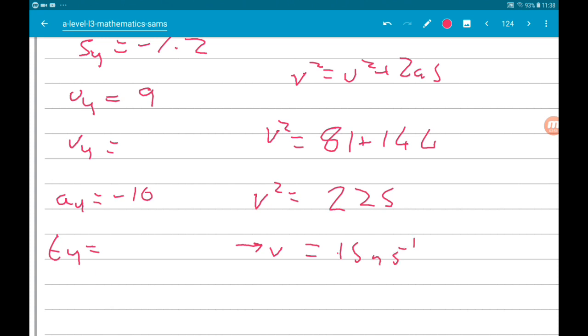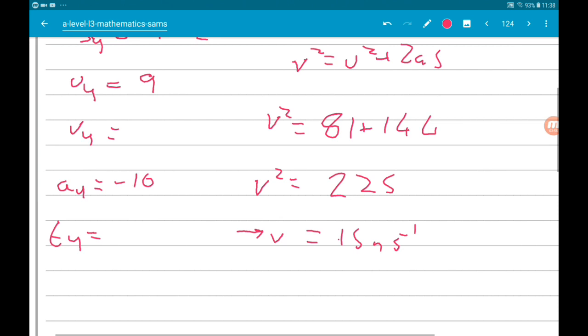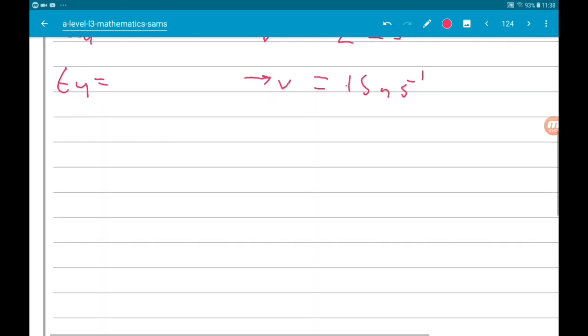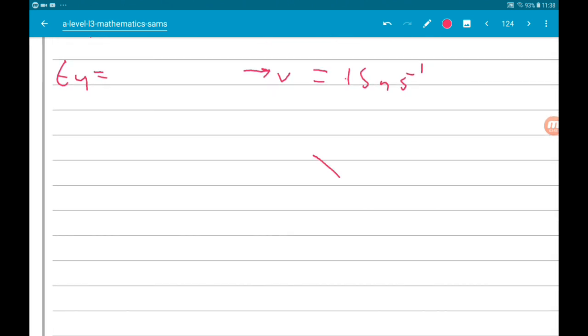Okay, so we know at this point the motion is going to be down and to the right. So let's call this any old thing. Let's call it x. X is cool.